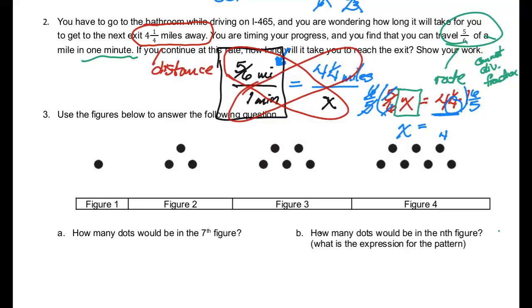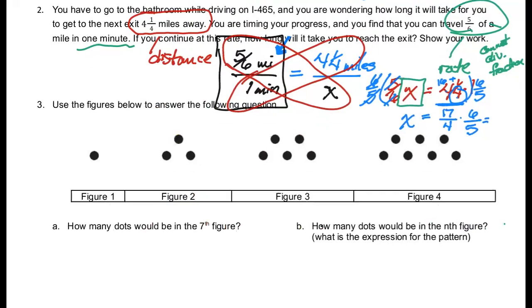If you have 4 1/4, that means you have 4 full 4/4. 4 times 4 is 16, plus one more gives you 17. So this is your improper fraction for 4 1/4 times 6/5.